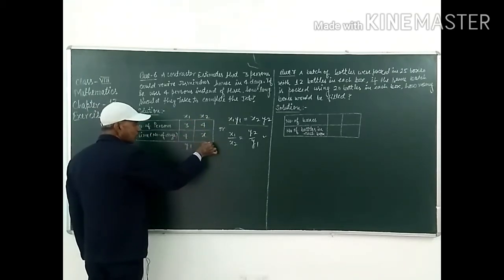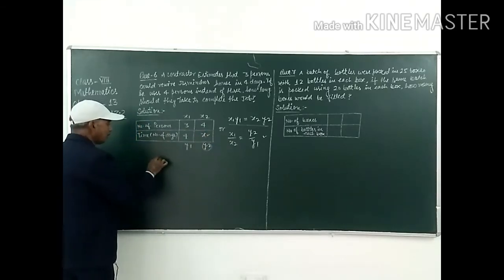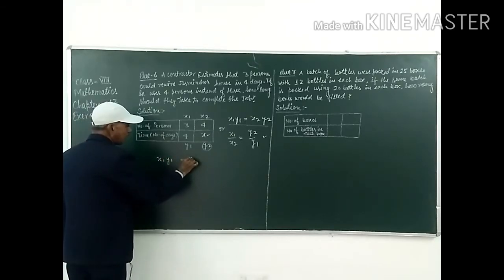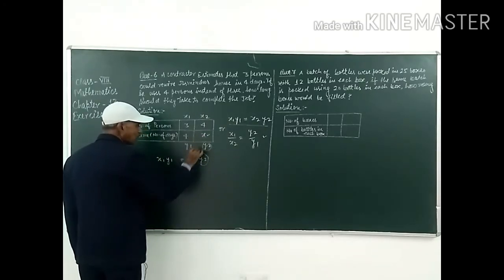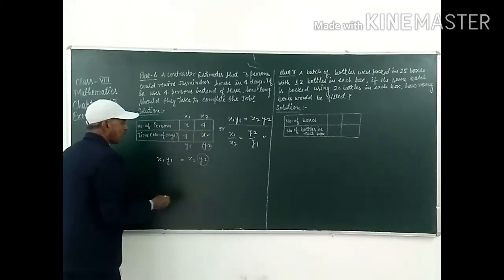In place of y2, students, this is x. So, it will be x1 y1 is equal to x2 y2. In place of y2, we have to use this x, the unknown quantity.